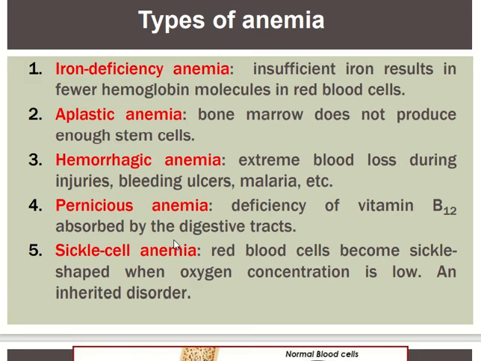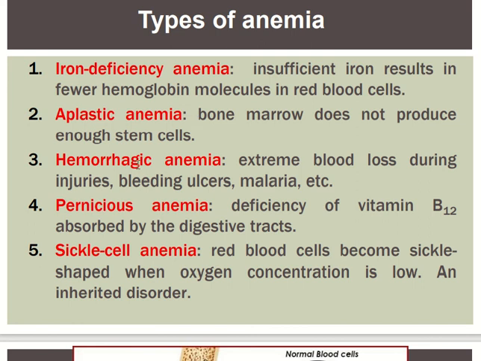And there are different types of anemia. We have iron deficiency anemia, which refers to insufficient iron resulting in fewer hemoglobin molecules in red blood cells. Aplastic anemia refers to the bone marrow not producing enough stem cells to differentiate into red blood cells.